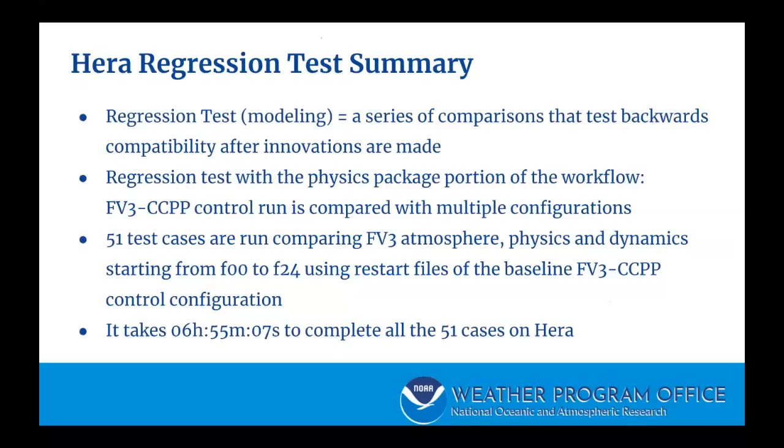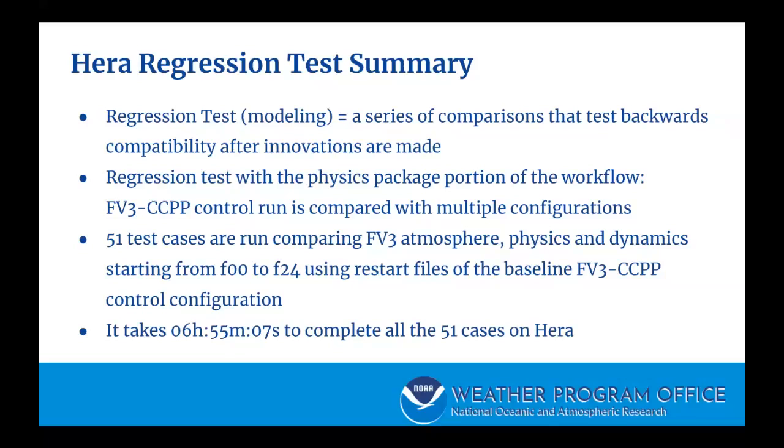And so a summary of the Hera regression tests. Again, these regression tests test backwards compatibility after innovations are made. The UFS-specific regression test is testing the physics package, essentially. So the FV3 CCPP, that's essentially the physics package portion of the UFS, and the control run of the physics package is compared in multiple configurations with 50 other tests.